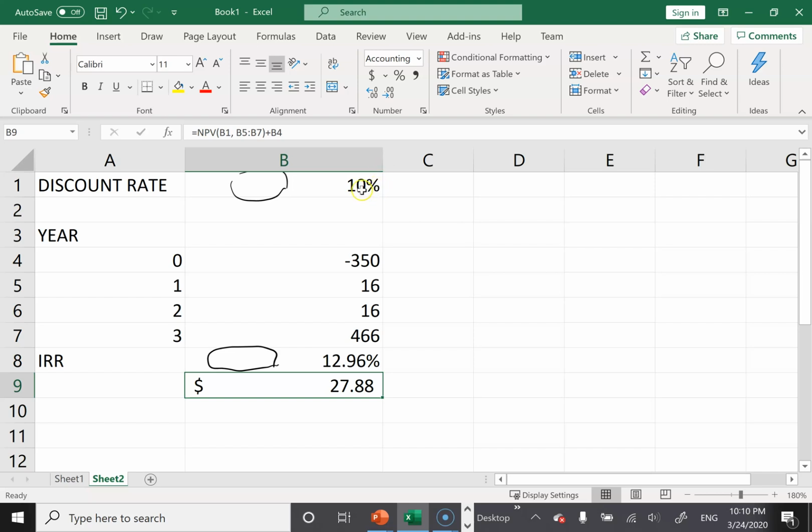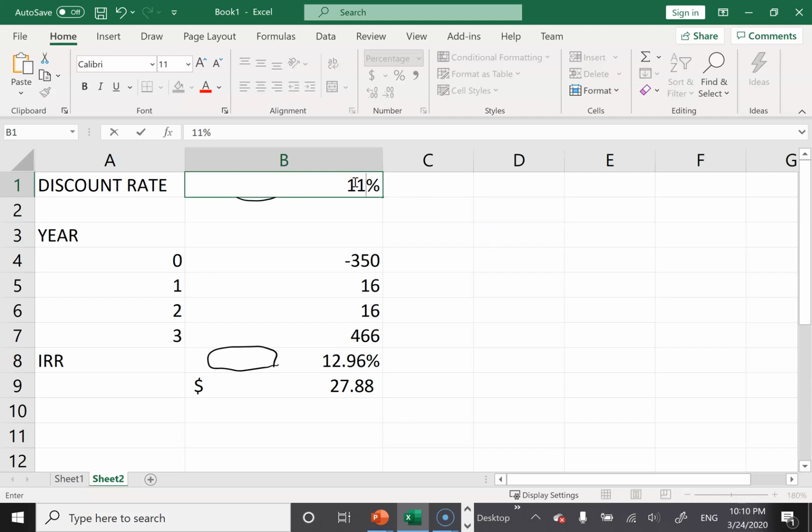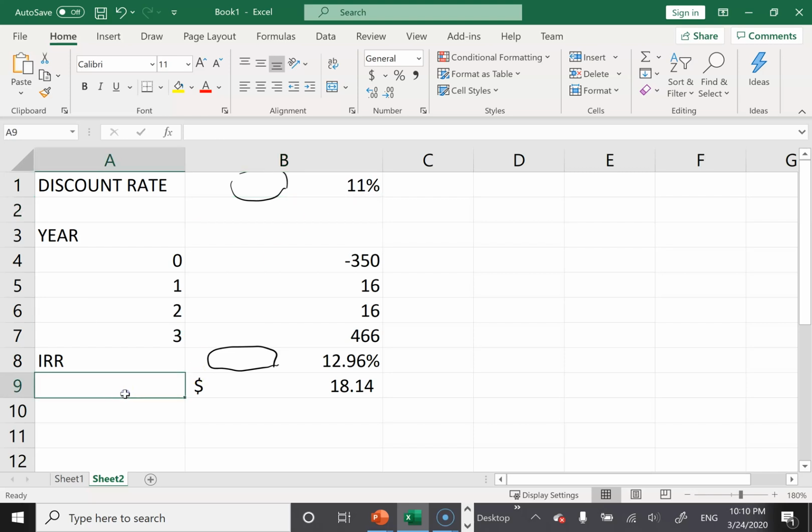Now, we learned that the internal rate of return is the discount rate that makes the net present value equal to 0, right? So let's see what happens when the discount rate goes up. When we change the discount rate from 10% to 11%, you can see that the net present value goes down, which is kind of obvious.